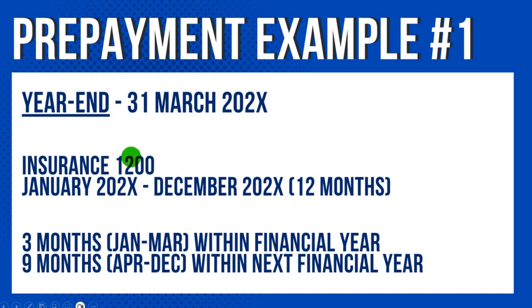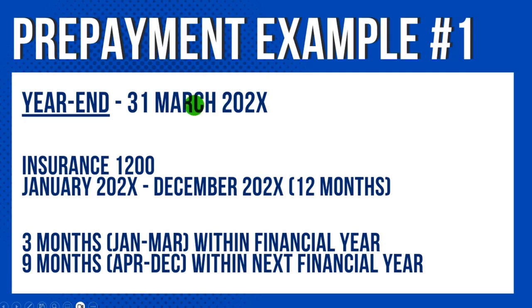This amount will show on the profit and loss as an expense. Now the thing about this $1,200 is that it covered the period January to December. So it'll be 1st of January to 31st December, 12 months. The reporting period ends 31st of March.